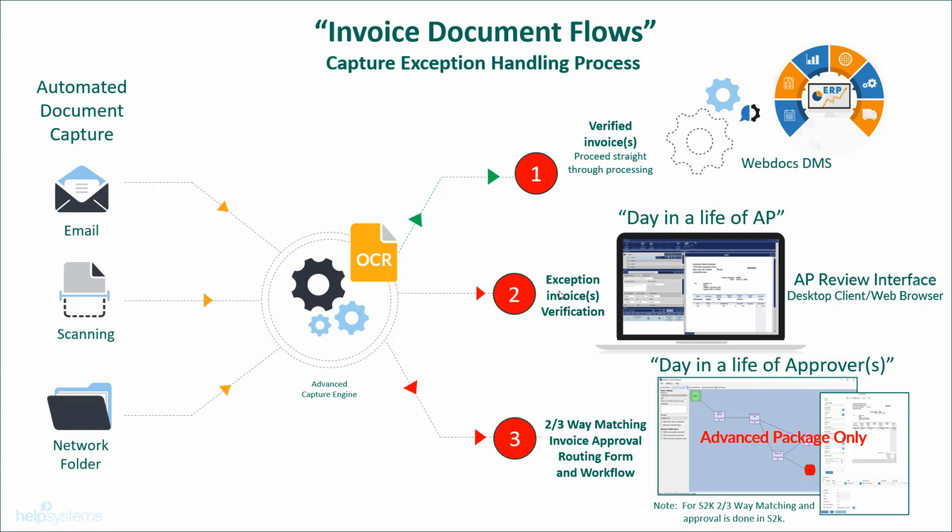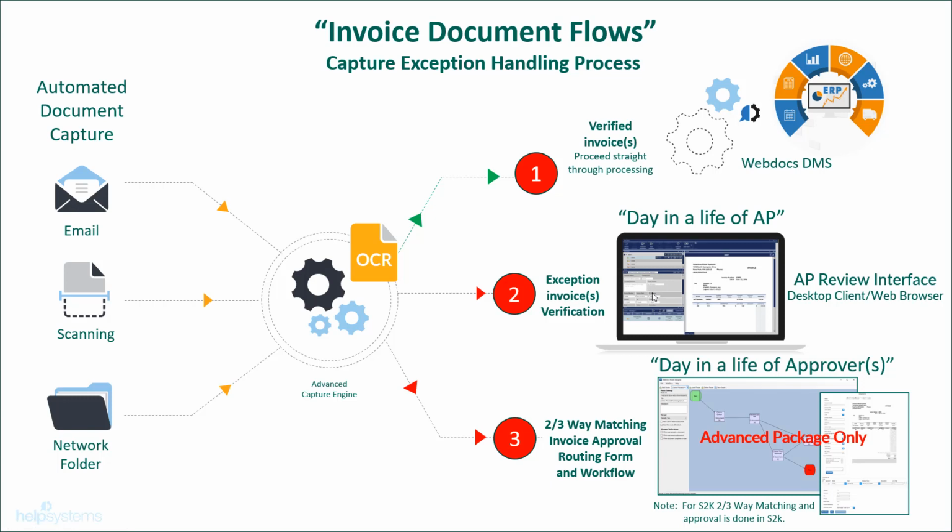The second one is what I call the day in the life of AP, and there are two different interfaces for this one: a desktop client and a web browser client. The web browser client is becoming more and more popular because people are working remote, and also for zero footprint implementation from an end user standpoint. This is the interface I'll be showing today in the first part of the demonstration, to do verifying invoice processing.